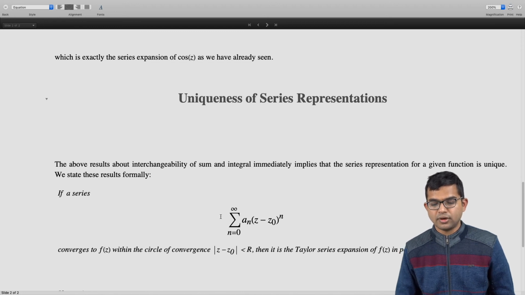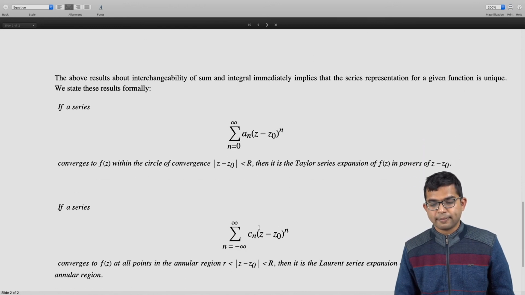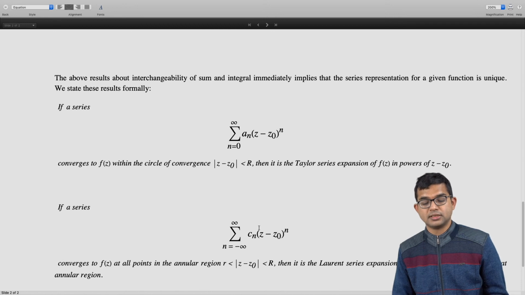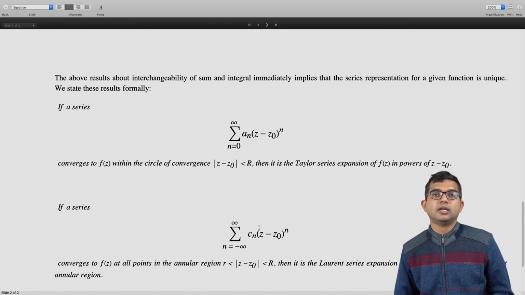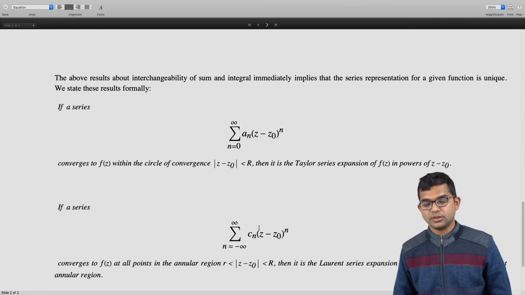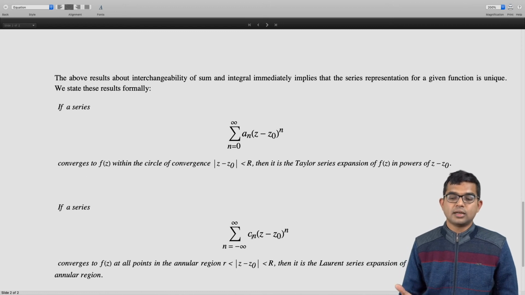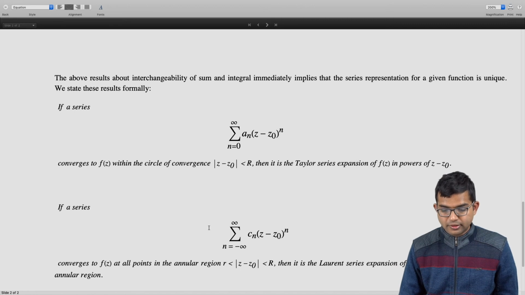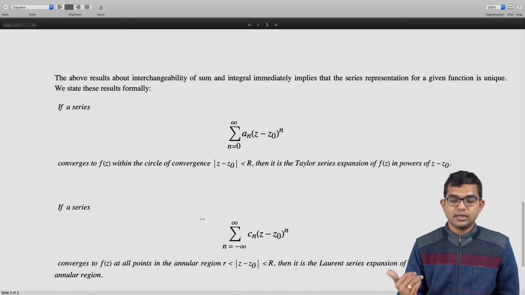And the same kind of argument will also hold for the Laurent expansion as well, right? So for the Laurent expansion, we have seen these coefficients c n can be written also in terms of the overall function. So again, think of this as representing a function f of z, and then you have to take f of z and divide by z minus z naught to an appropriate power.